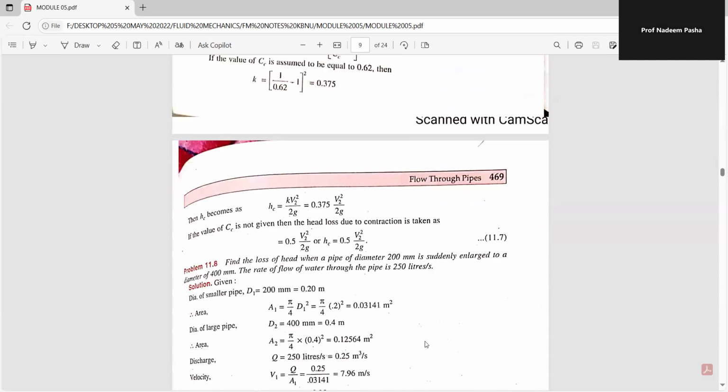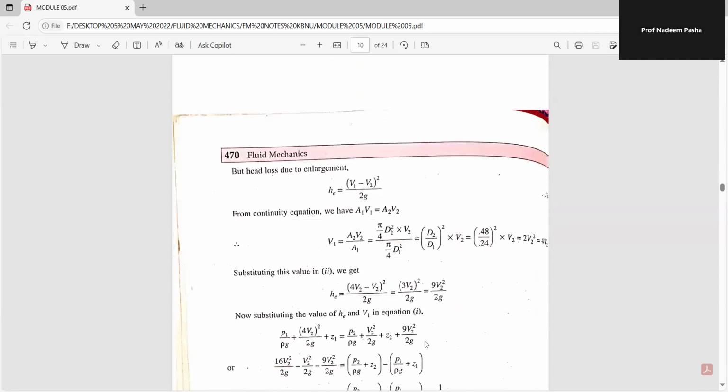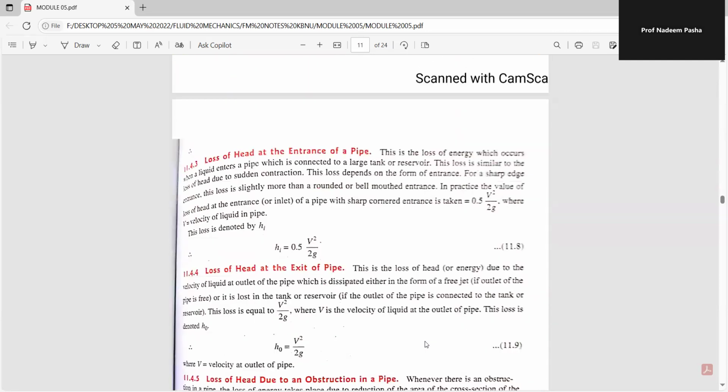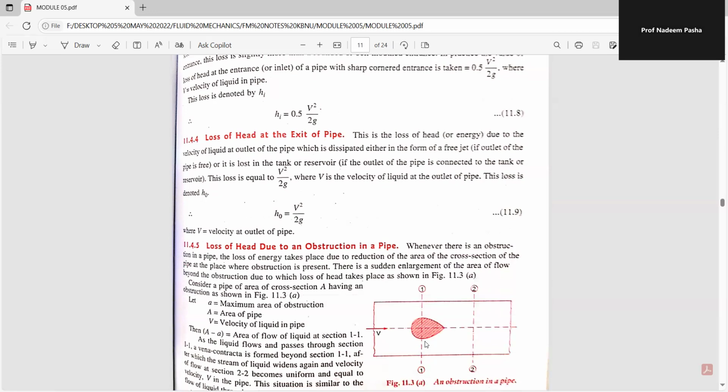Similarly, loss of head due to sudden contraction formula is hc equal to 0.5 V2 square by 2g. Next, we calculated the loss of head at the entrance of the pipe, which is given by hi equal to 0.5 V square by 2g. Similarly, loss of head at the exit of the pipe is given by ho equal to V square by 2g.